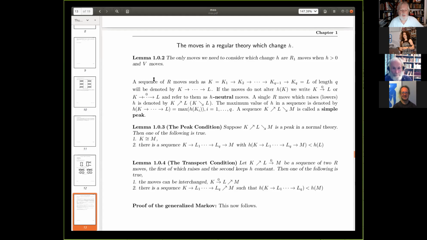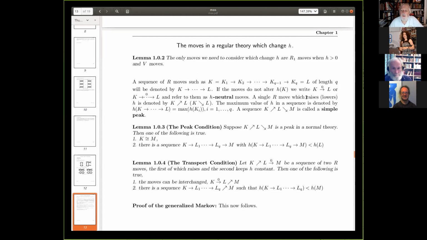Okay. And there's a little bit of definitions here of notation. A sequence of R moves which go from K to L of length Q will be denoted by this. If the moves do not alter H of K, we write a little naught above a single move or above this sequence of moves and refer to them as H neutral moves.